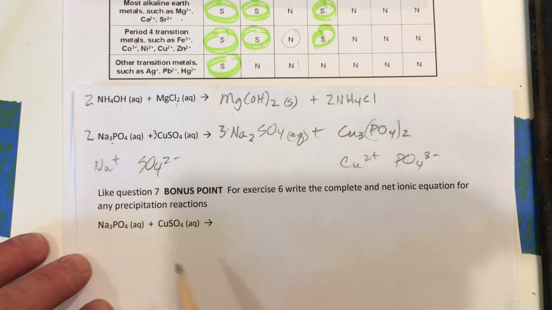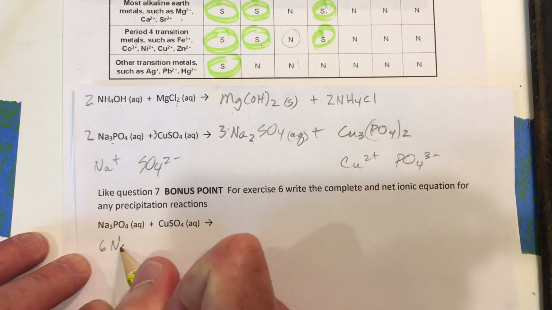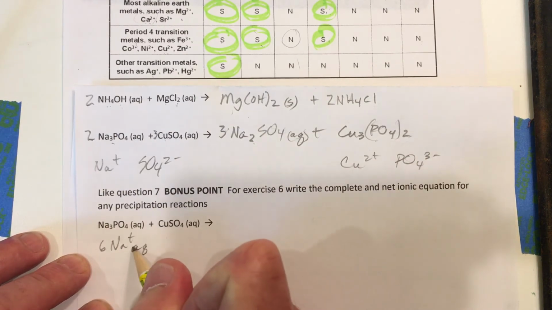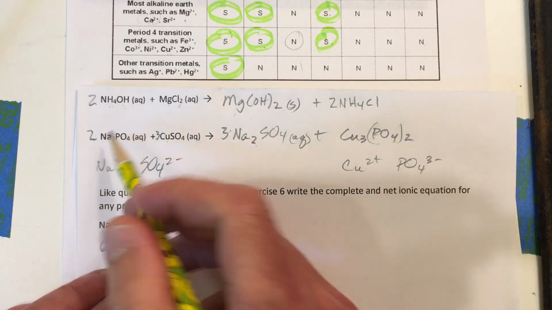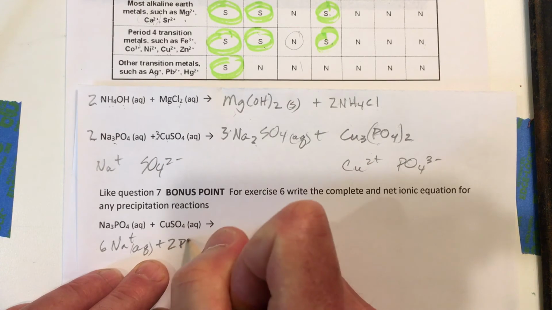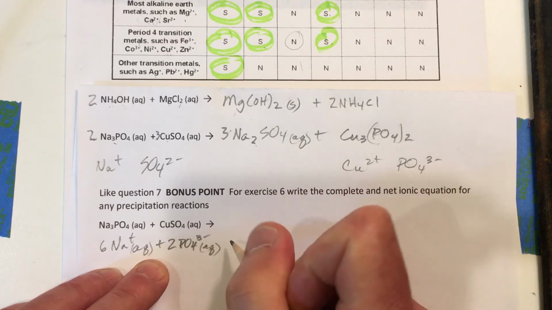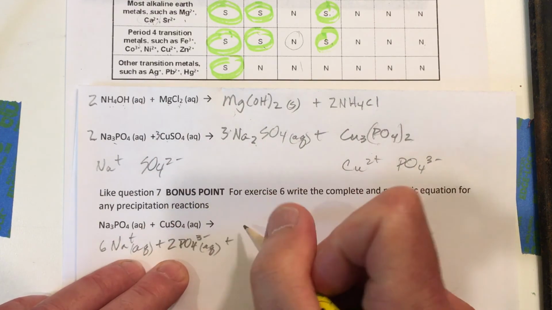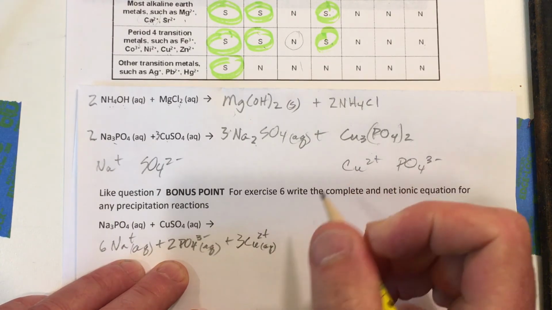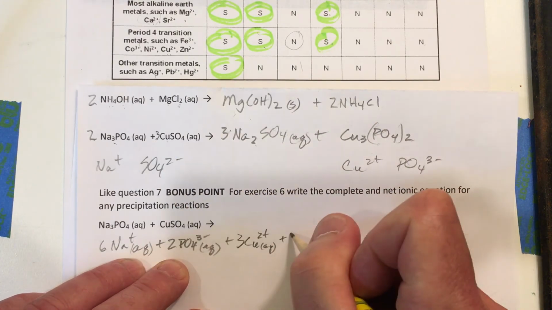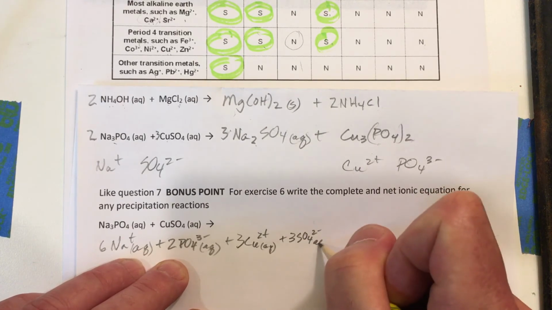Now I have to break it apart into ions. So 2 times 3 is 6 Na+ aq. I'm doing the complete ionic equation first, followed by 2 PO4 3- aq plus 3 Cu2+ aq plus 3 SO4 2- aq.